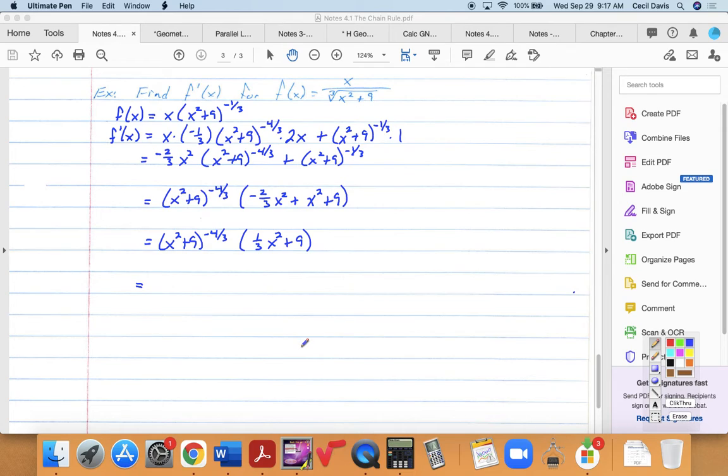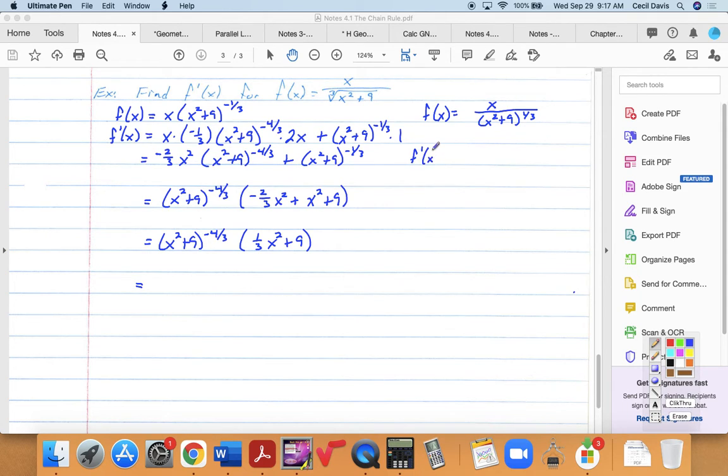Okay. Now, real quick, let's look at what would have happened if we had rewritten it in a way so that we had to use the quotient rule? I think that you're going to find that you're not going to like it as much. This would be x over x squared plus 9 to the 1/3 power. I think simplifying it is going to be a lot harder on this.